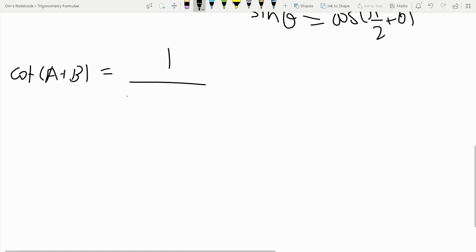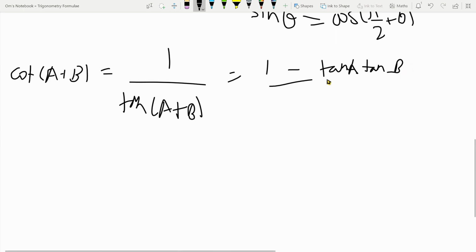So this is nothing but 1 by tan of a plus b, and this value is actually equal to 1 minus tan a tan b, because it's actually tan a plus tan b over 1 minus tan a tan b, but we're taking the reciprocal over here, so this is 1 minus tan a tan b by tan a plus tan b. But remember, we actually want the formula in terms of the cotangent of the individual angles, so that's what we'll try and do over here.